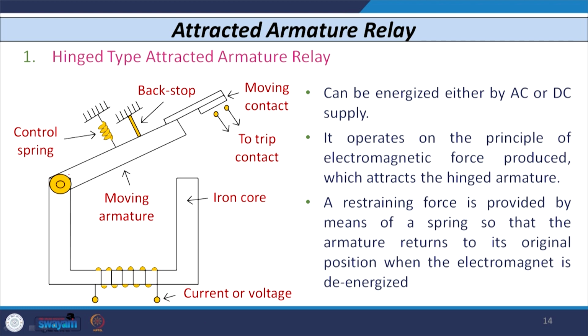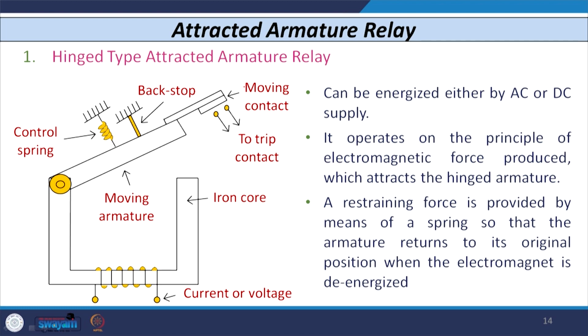On one side of this core one moving armature is connected. This moving armature is controlled by a spring and backstop, and on the other side of the moving armature the moving contact of the relay is connected.